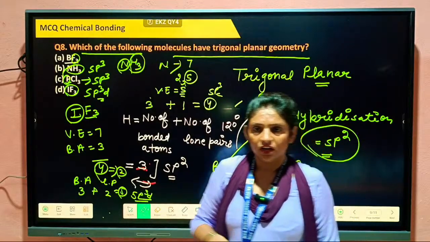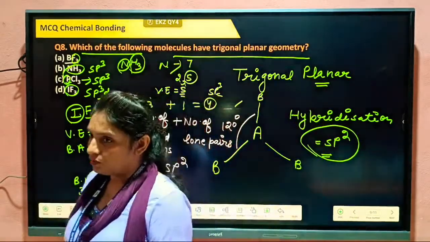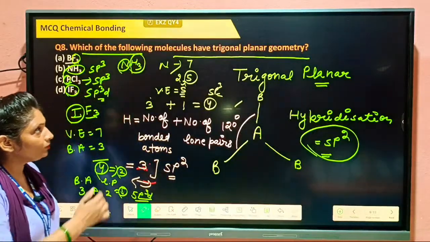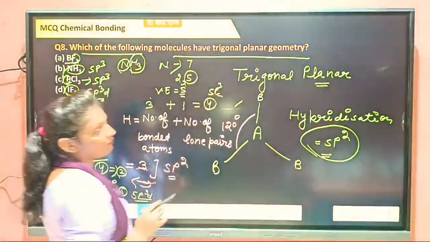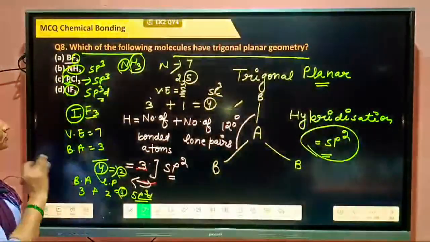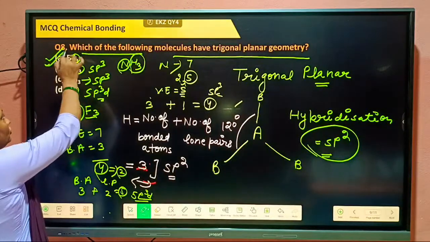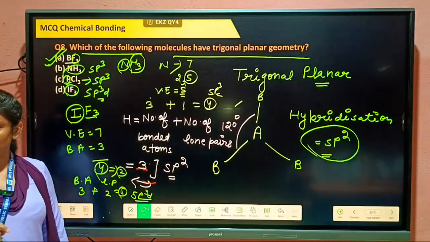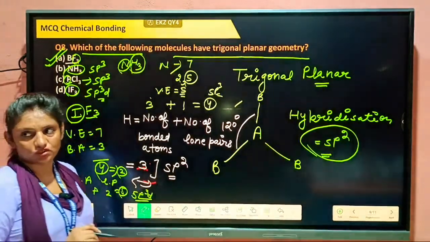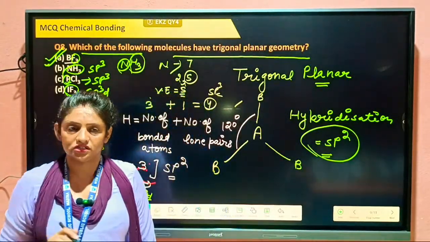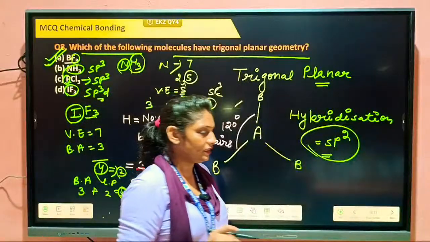So if hybridization is sp2 and the number of lone pairs is 0, then geometry will be trigonal planar. Which option satisfies these conditions? These are satisfied by BF3. So option A, BF3, is the right option for this question. It is clear to you or not? Yes.